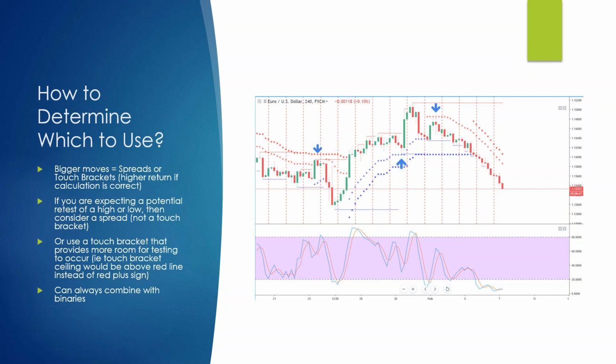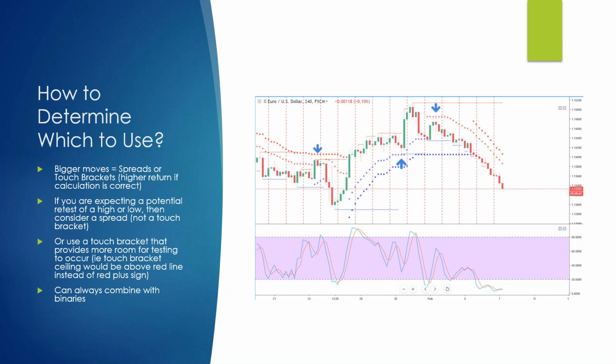I want to make more money if possible. That's where I'm going to bring in the spreads and the touch brackets. Sometimes I will even add the binary options to that. Again, I'm utilizing everything they have available, but my preferred method will be the touch bracket.